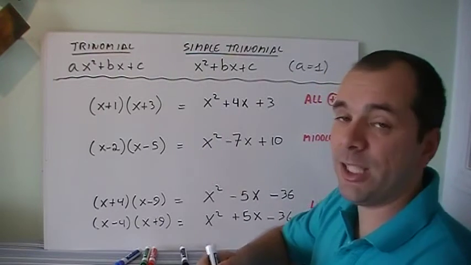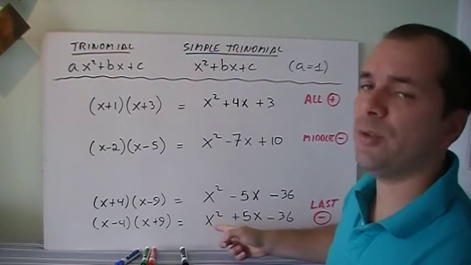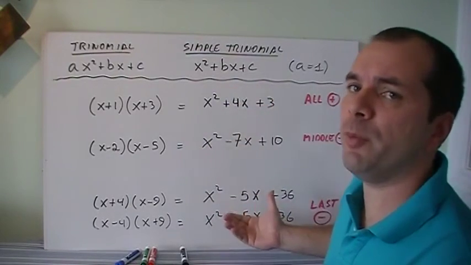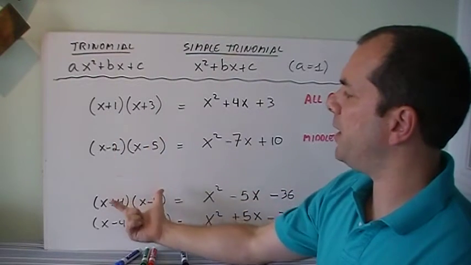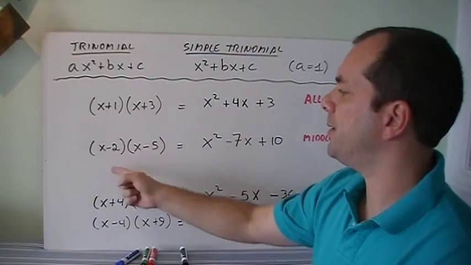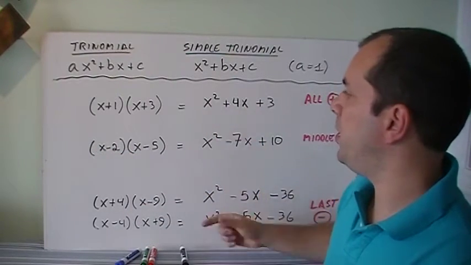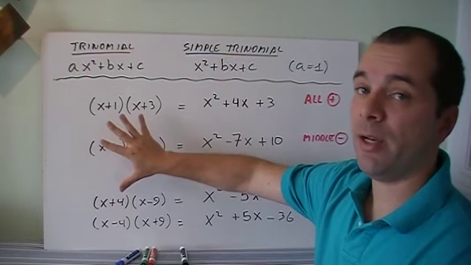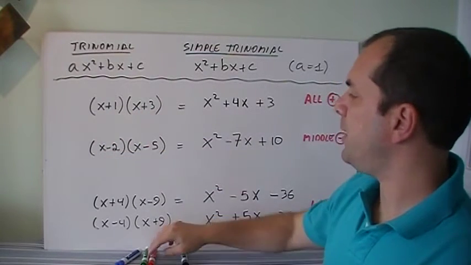Okay, let's look at some stuff here. They all started with x squared, which means these are all simple trinomials in standard form. And we notice that all these brackets have x and x. There's no 2x or half x. So whenever I have a simple trinomial, my answer, because that's going to be my answer now, is going to be x and x. Great. Let's look at the signs.